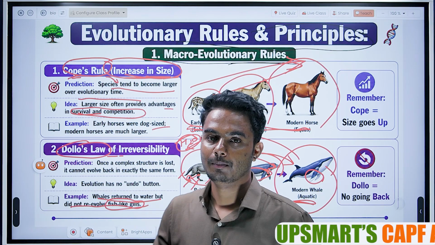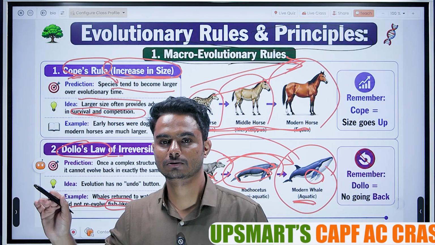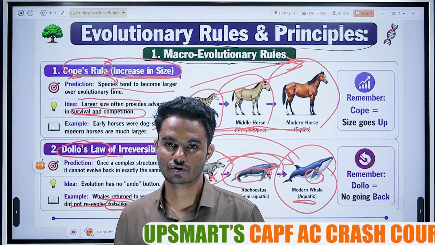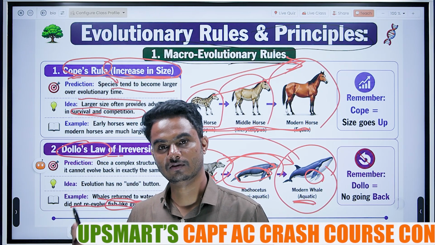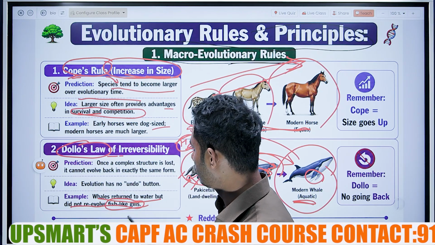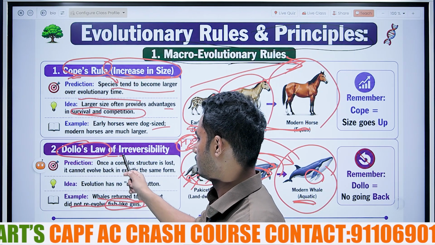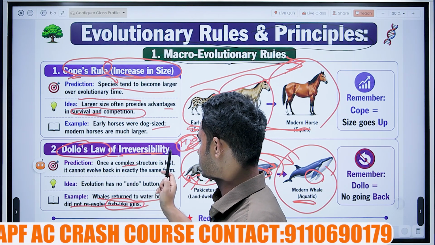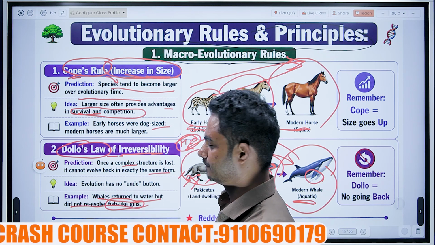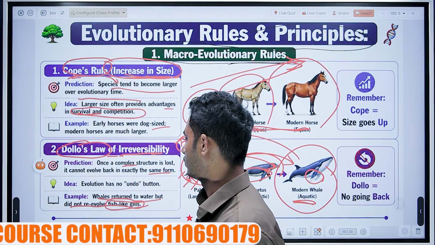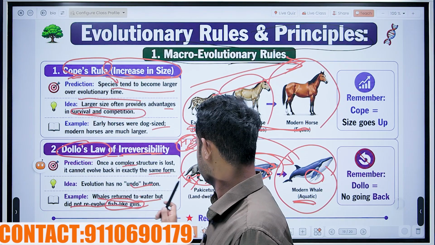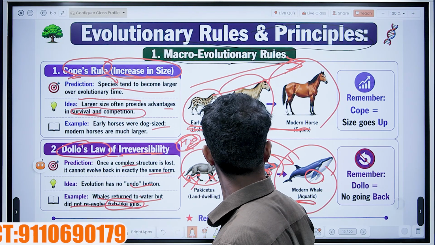It went to water, but the gills were already lost. So whatever is lost once will not come back. That was the observation of Dollo's law of irreversibility. Once a structure is lost, it cannot evolve back. That is his concept.